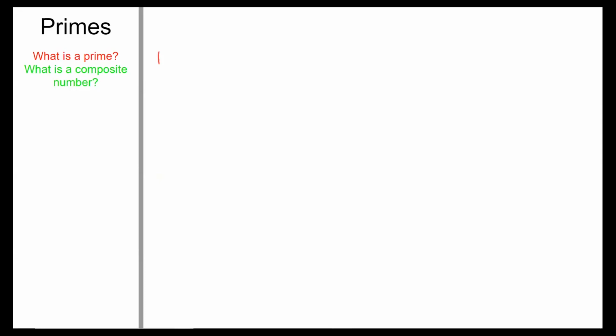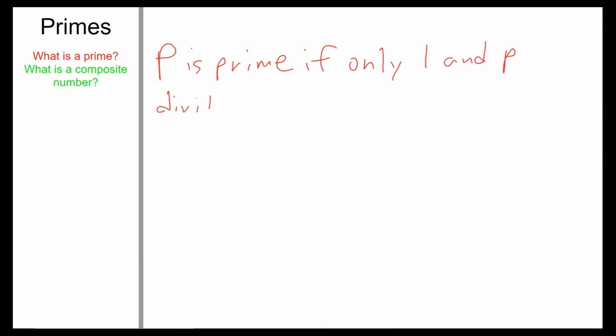Let's say a number p is prime if only 1 and p divide p.